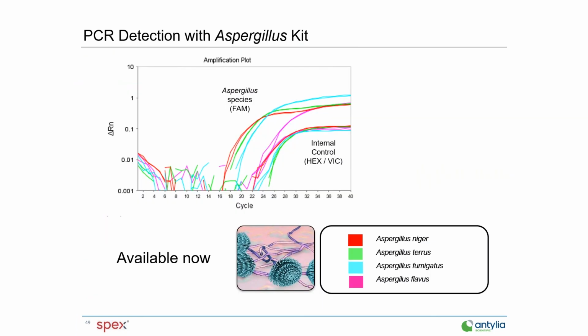Now, of course, if you are using PCR, then you don't have to worry if your Aspergillus species actually survived your sample processing, or if it was exposed to too much heat, or you ground your particle size too small, because ultimately they use fragments of the DNA, and you are able to detect the Aspergillus using PCR. So you're able to quantify your Aspergillus and get an accurate count on your Aspergillus in your agricultural sample.